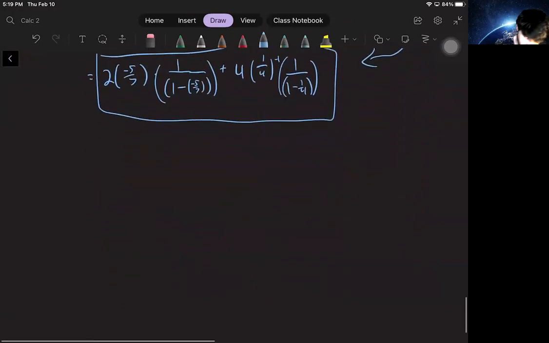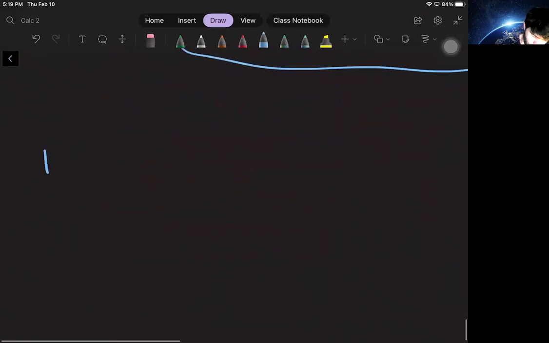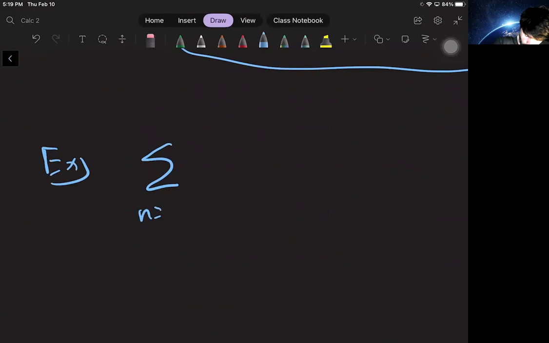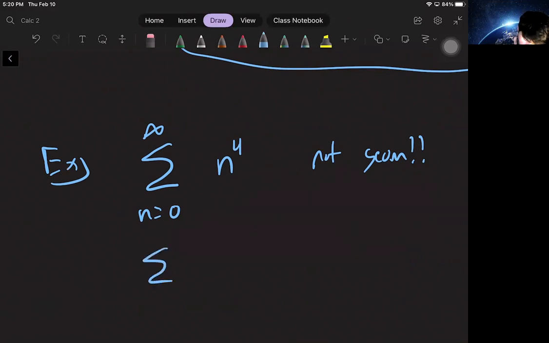Okay, so once again, last thing, this formula only works for geometric series. So for example, this is not geometric. It might trick some of you because you might see an n and a power, but that's not the same as something like this.